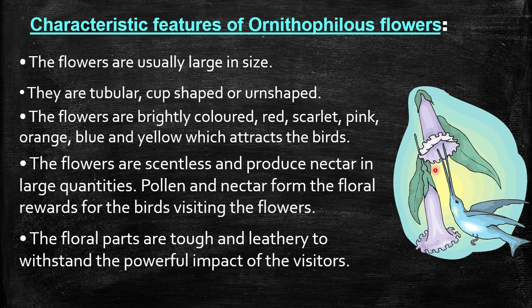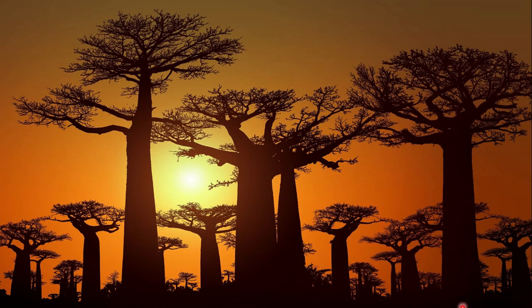The flowers are scentless and produce nectar in large quantities. Pollen and nectar form the floral rewards for the birds visiting the flowers. The floral parts are tough and leathery to withstand the powerful impact of the visitors.